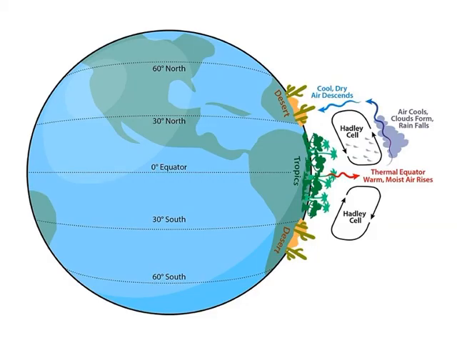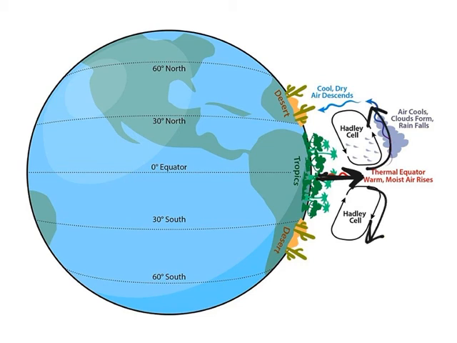So we see this happening all about the equator and about 30 degrees latitude, either north or south of the equator. This shows how the warm, moist air is rising up, and then it is going to travel back down through one of these Hadley cells.